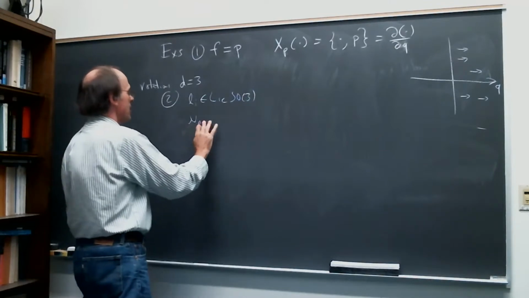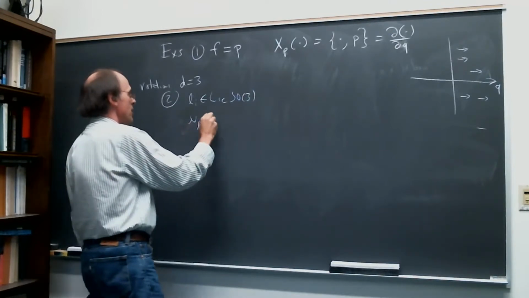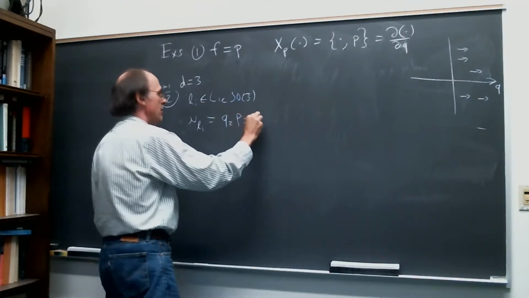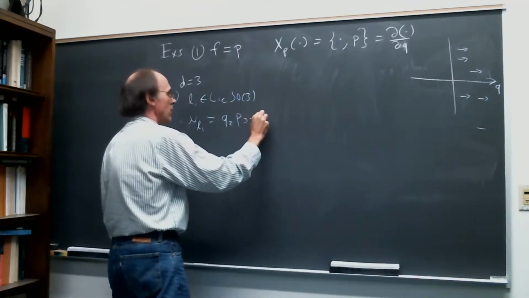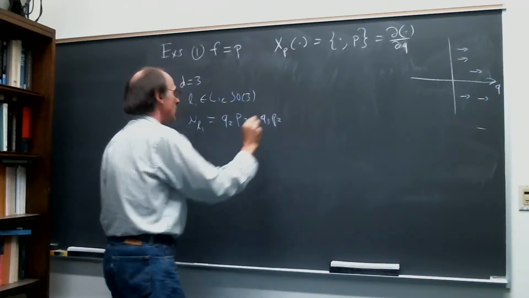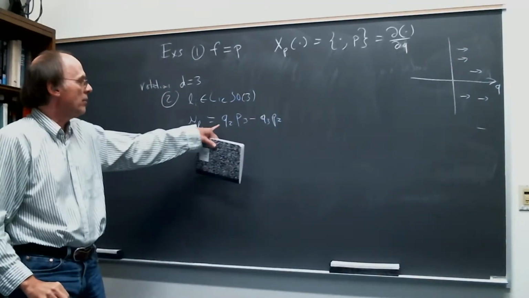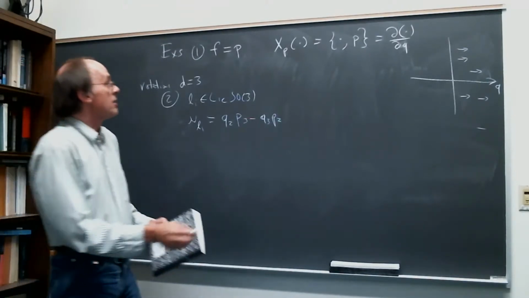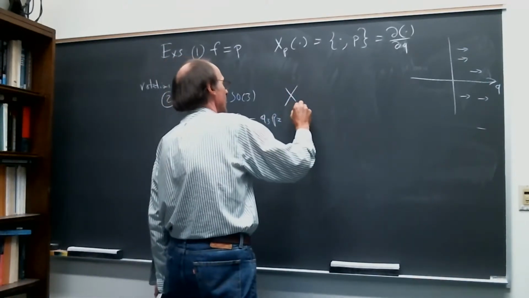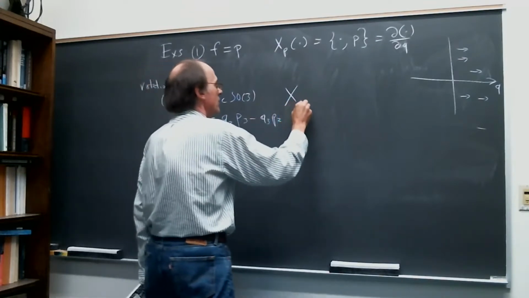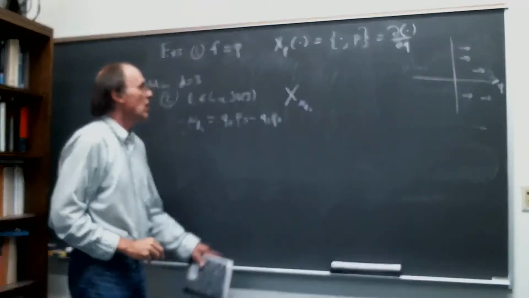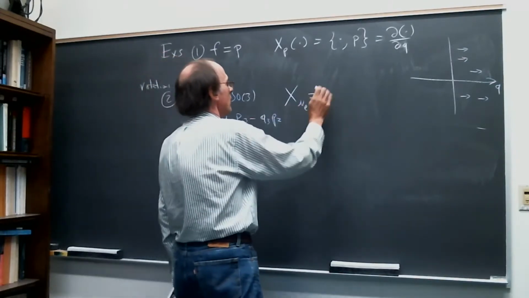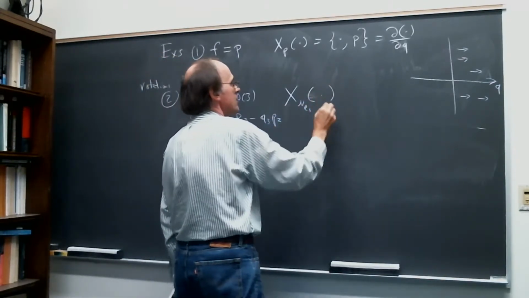Let's say the moment map for L sub 1 is just going to be q2 p3 minus q3 p2.